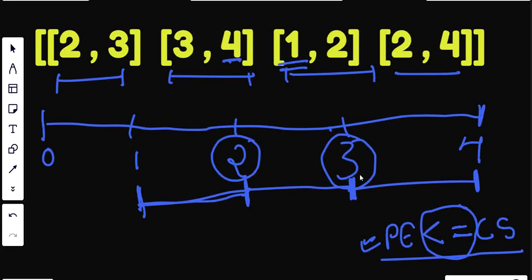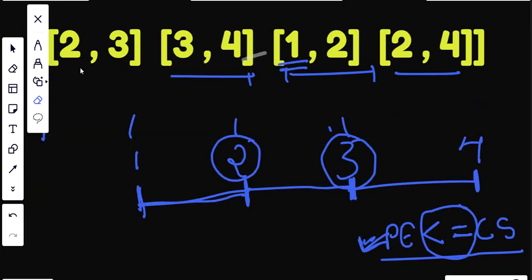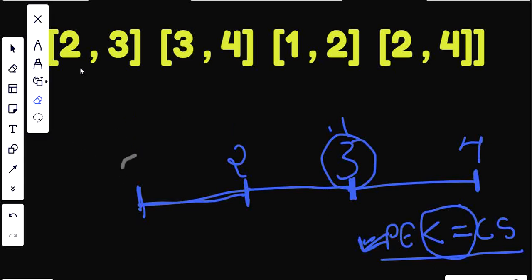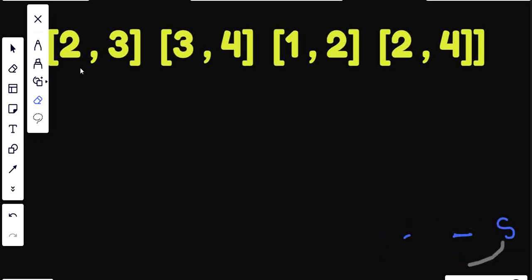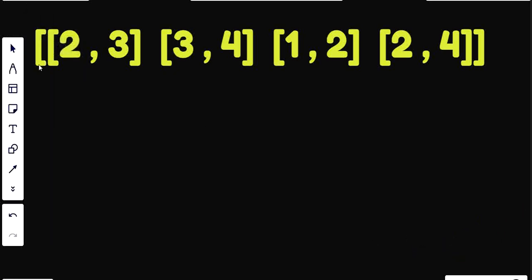Only then will we be able to apply this condition and get our answer. So let's first sort our array, and then we'll see whether we get our expected result, which most probably we will, because this condition is absolutely right. Let's visualize this condition with the sorted array.